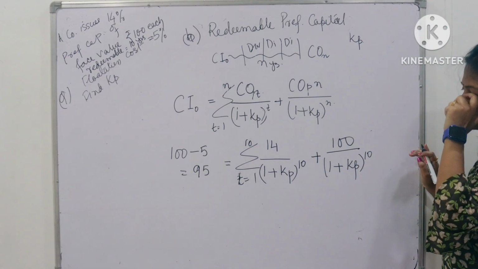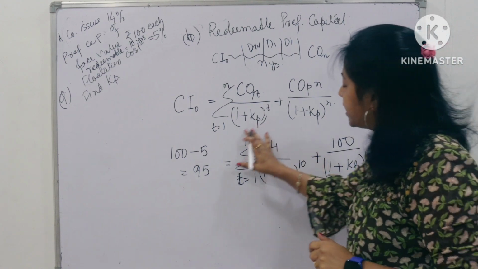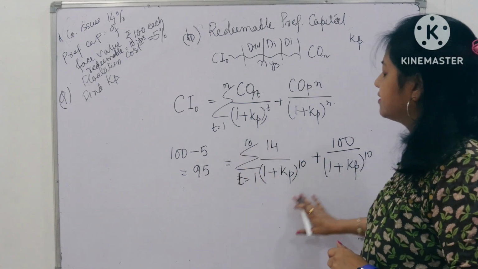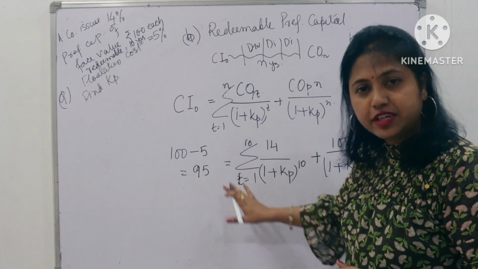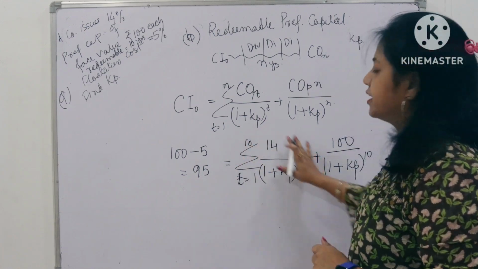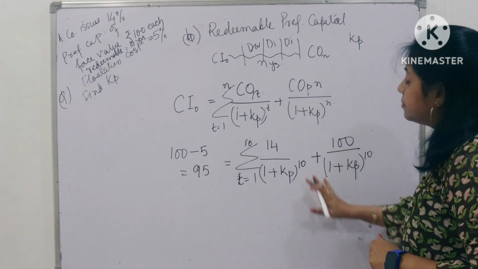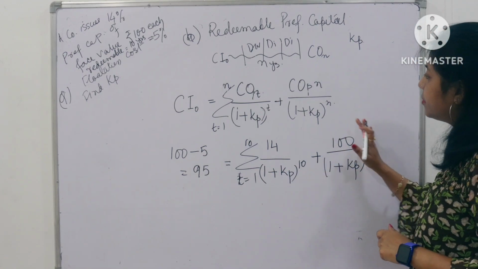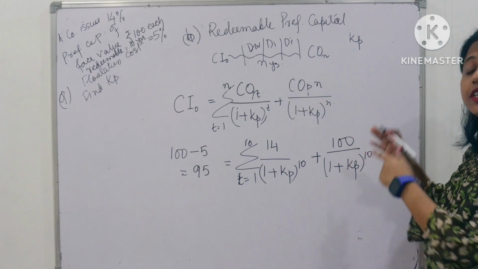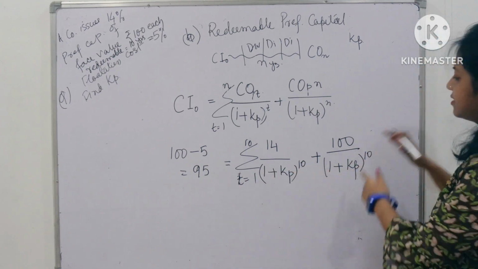This is the discounted value of all the dividends that we are going to pay for the next 10 years, and this is the discounted value of the redeemable amount, which is 100 at the end of the 10th year.